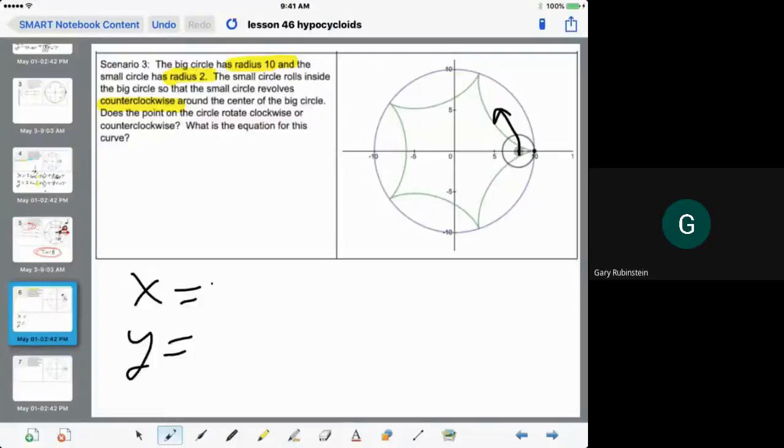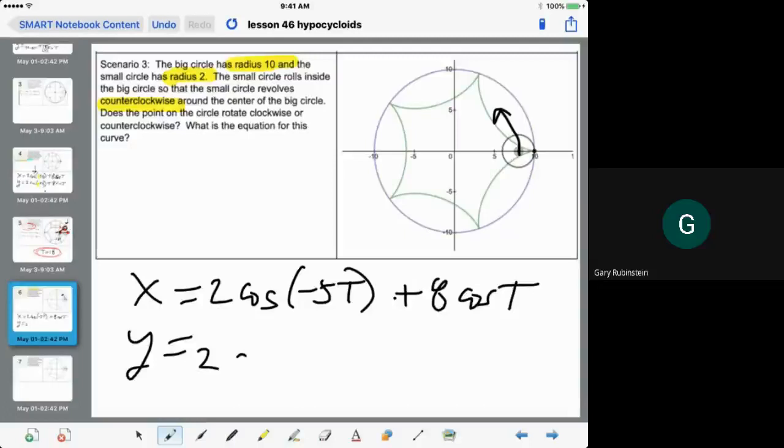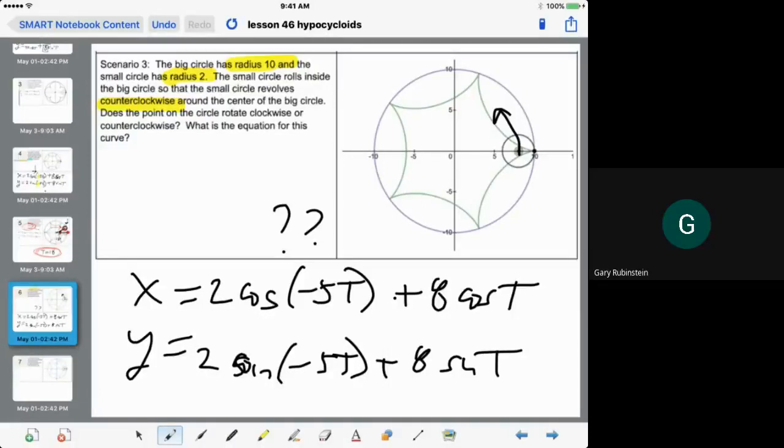So Talia wrote up 2 cosine negative 5t plus 8 cosine t, 2 sine negative 5t plus 8 sine t. But if it's the same exact equation, why isn't it the same graph? So there's something that has to be adjusted about this.